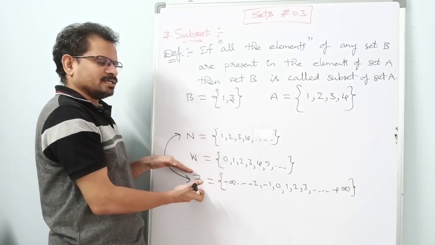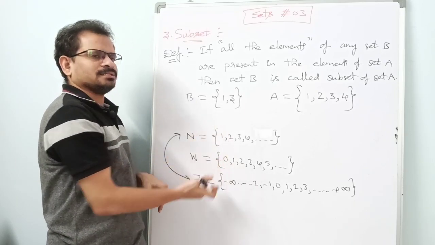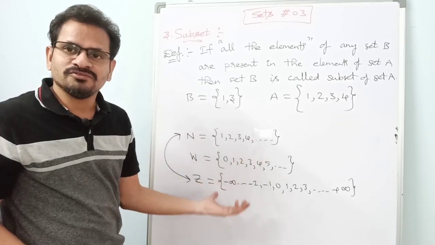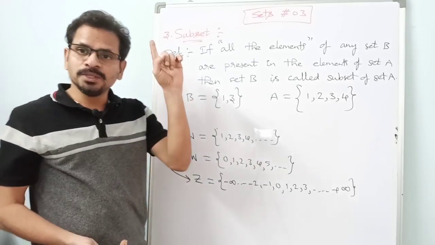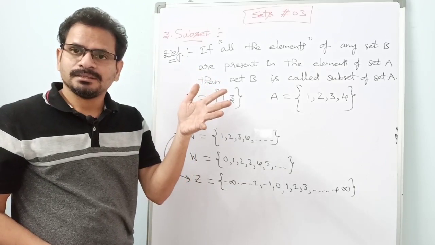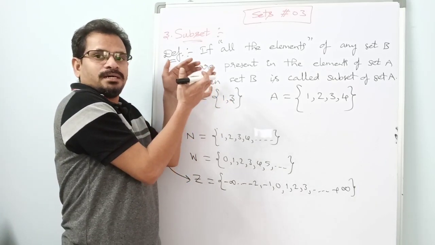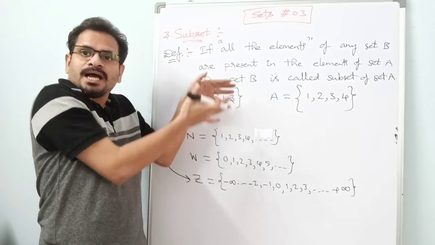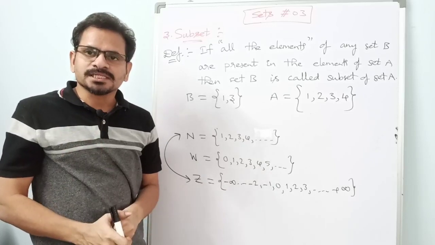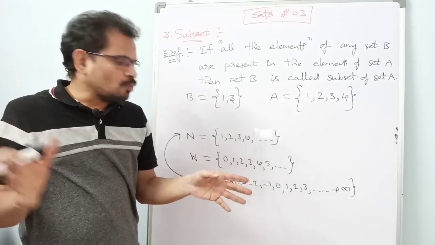So this is the universal set, and these are related sets. These related sets are subsets of this set. I didn't use the word subsets there because we didn't yet know what a subset was. After giving the definition for the empty set, I gave the definition for the universal set, and by then we didn't know what a subset is.